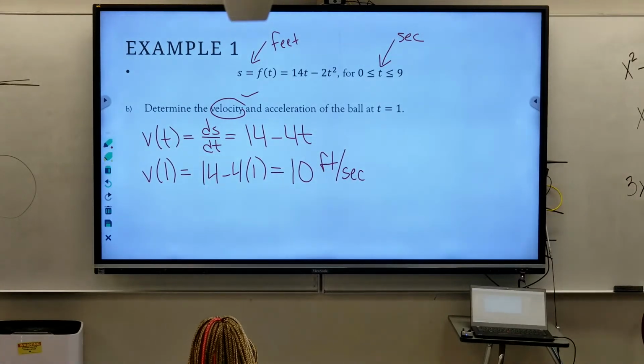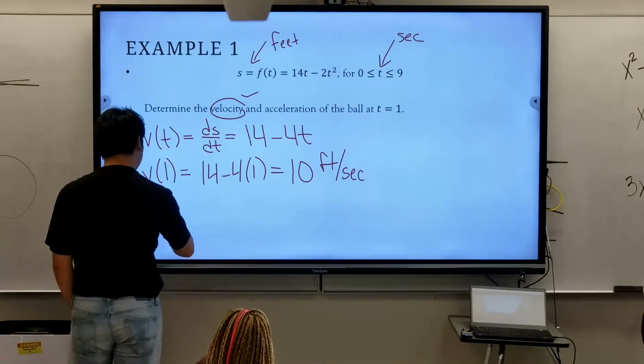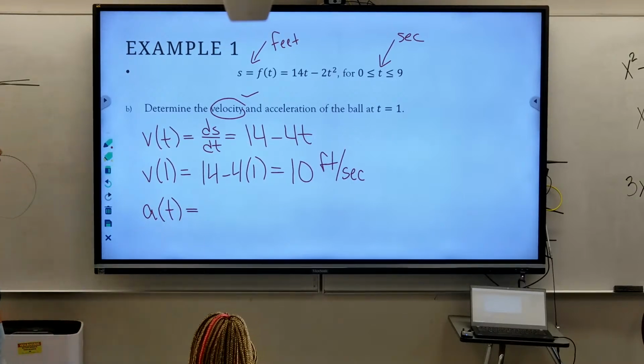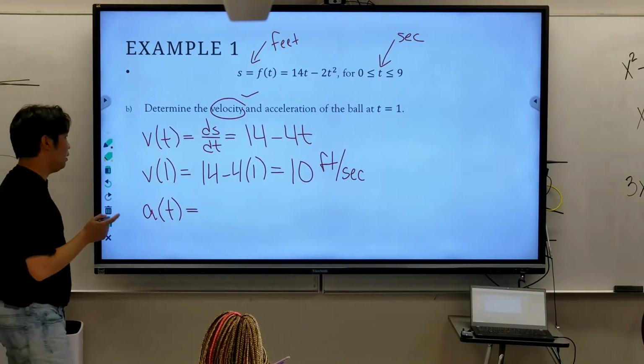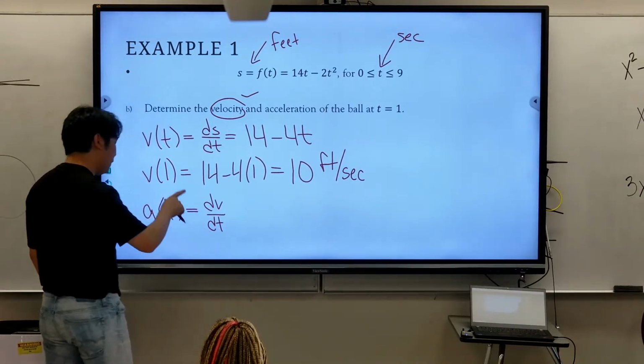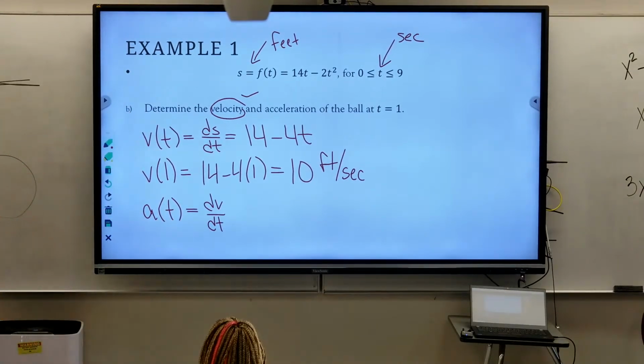Now I want the acceleration at 1 second. Well, if I want the acceleration at 1 second, first I need the acceleration function. How do I get the acceleration function a of t? The derivative of velocity, so dv/dt, the derivative of velocity with respect to time.